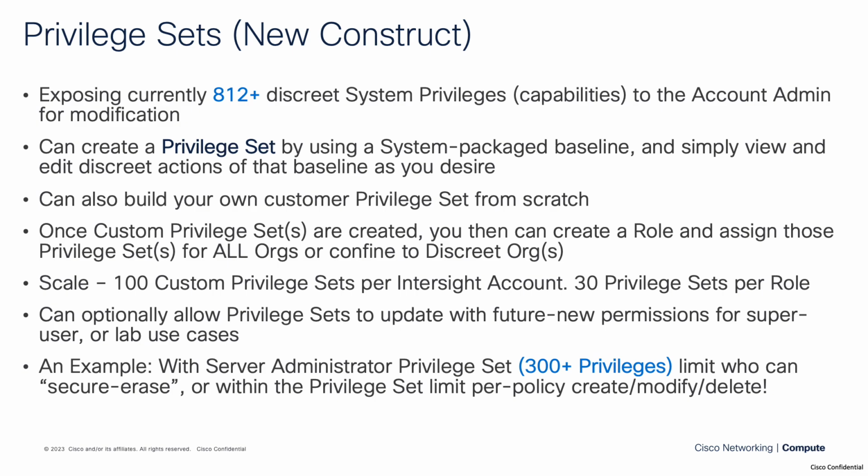Perhaps you want to limit who can do that. So you can certainly do that. And then, of course, within the whole policy model of Intersight, you can affect who can create, who can modify, and who can delete. So you can think about all the policies that exist out there. There are at least three of these privileges for every single policy.